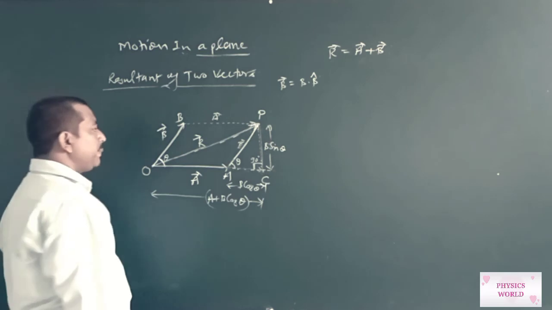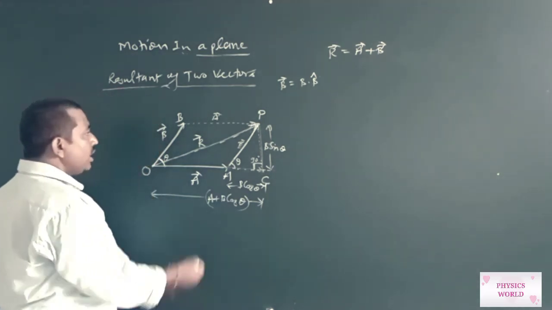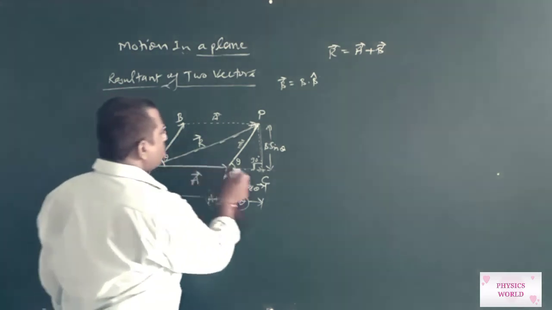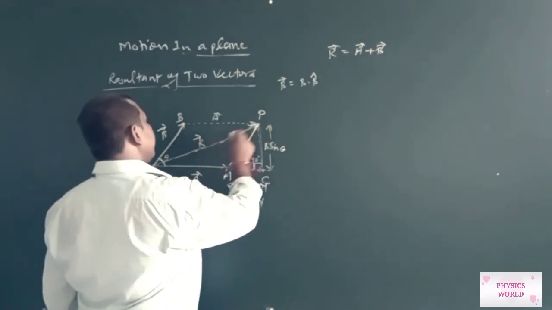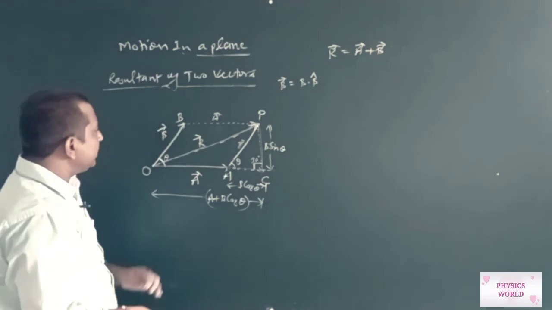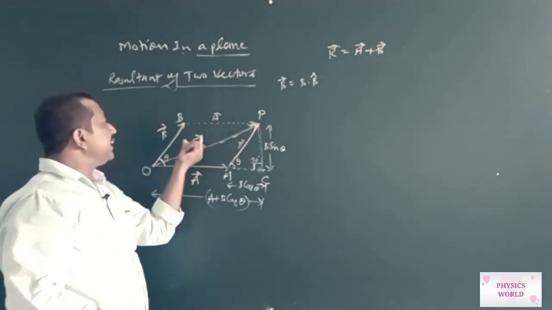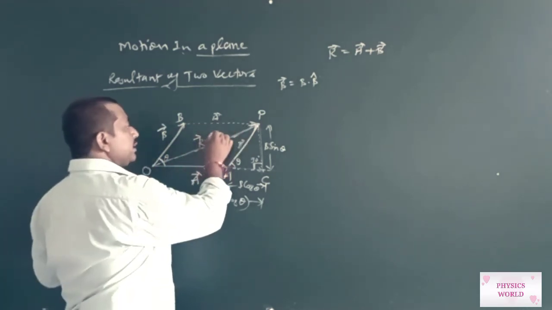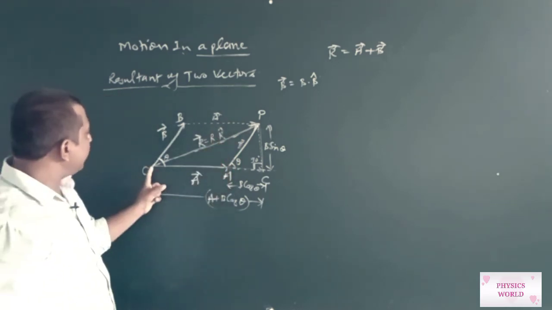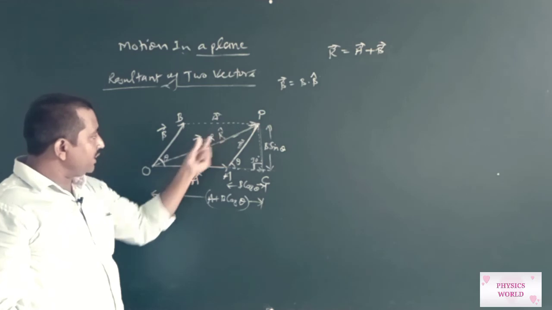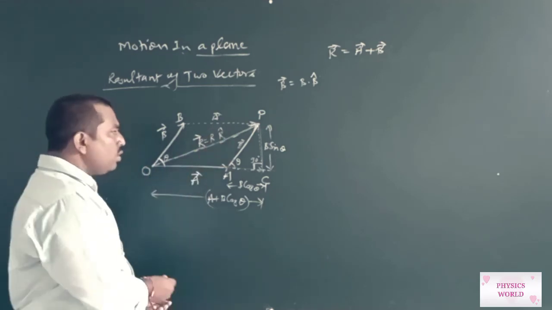If we apply the Pythagoras rule in right angle triangle OCP, as in this triangle vector R is seen, that is the length of OP can be taken as R, because this vector can be further expressed as the product of magnitude and direction. So the length of vector OP is R and the direction of OP is R cap.